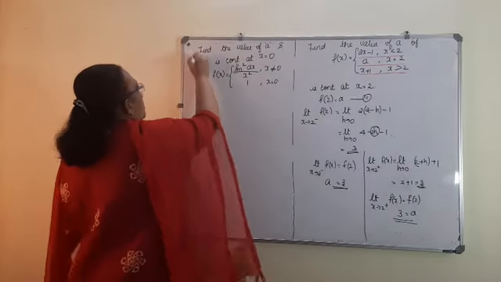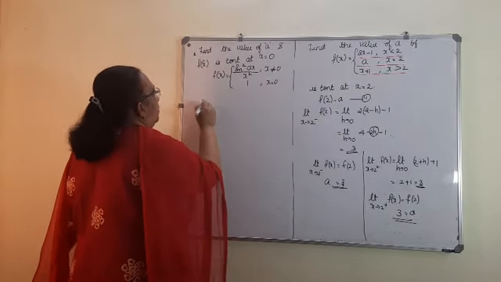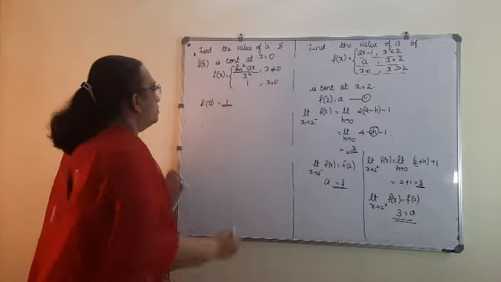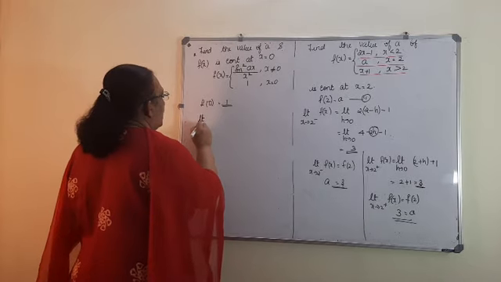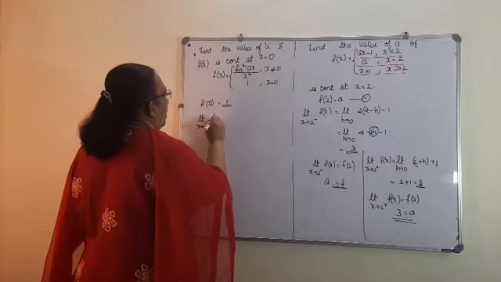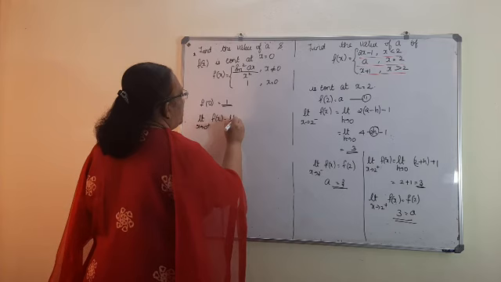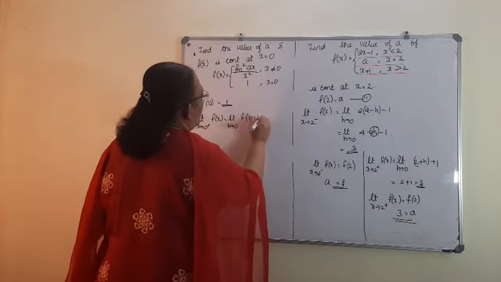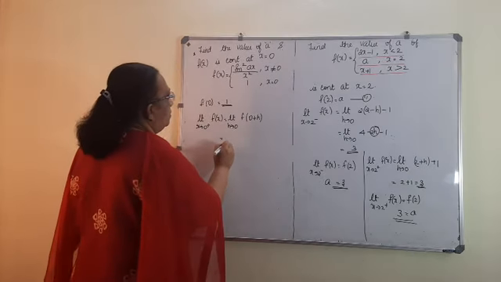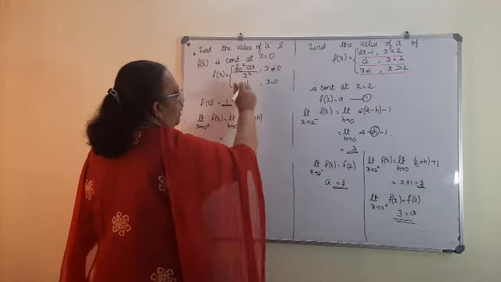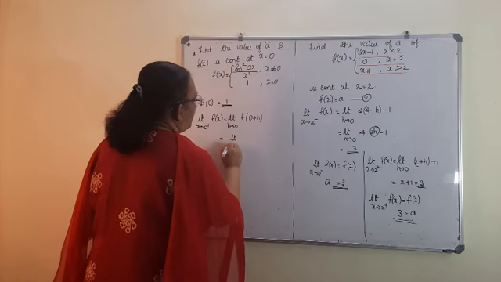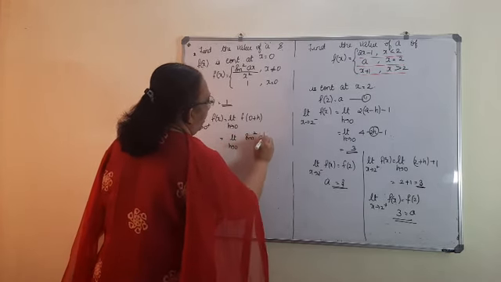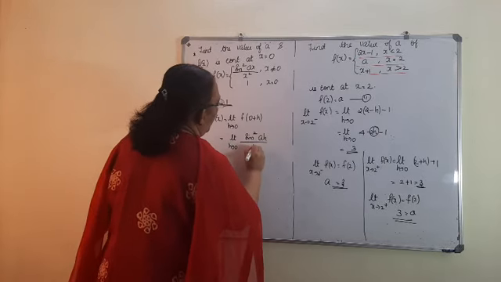So, f of 0 is equal to 1. Limit x tending to 0 plus f of x is equal to limit h tending to 0 of f of 0 plus h. Since h is not equal to 0, you have to take this one: limit h tending to 0 of sine squared ah divided by h squared.